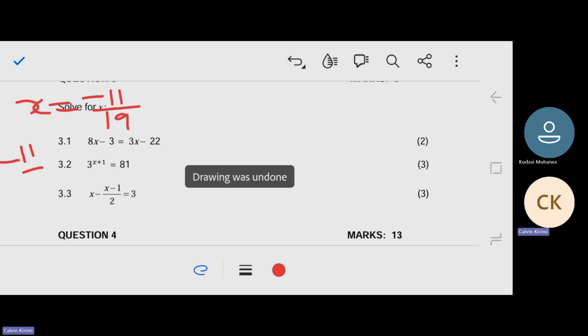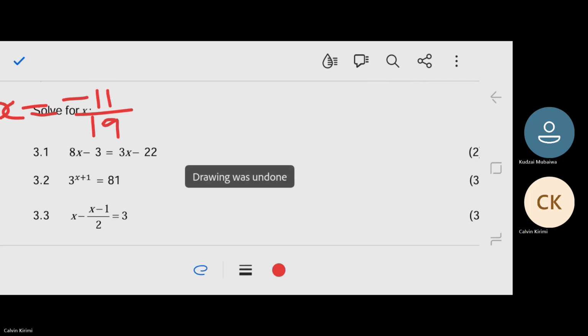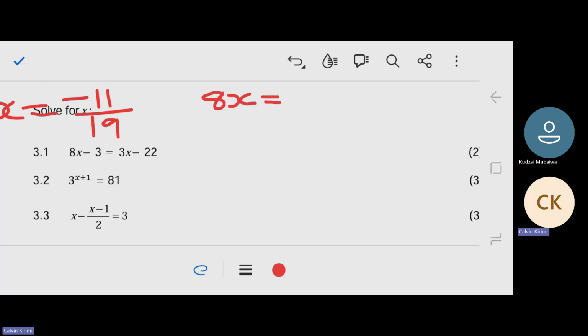Yes, sir. Let's just verify. So what did you do here? You said what? I moved the negative 3 over to the other side. So which means it's going to be equal to what? Sir, didn't you have to add the 3x to the 8x? Why do you have to add it? I told you what when the sign crosses the equal sign. What did I tell you?